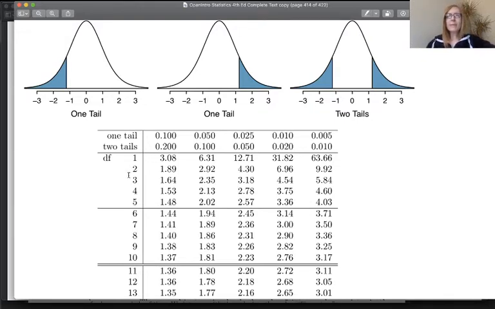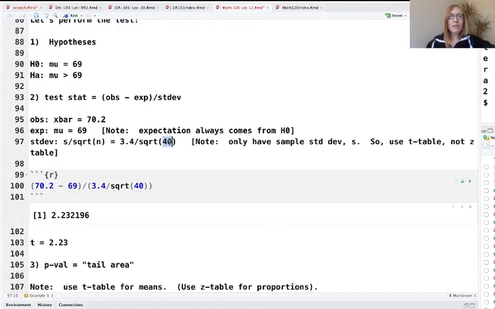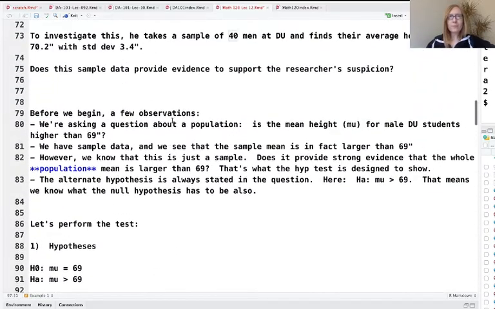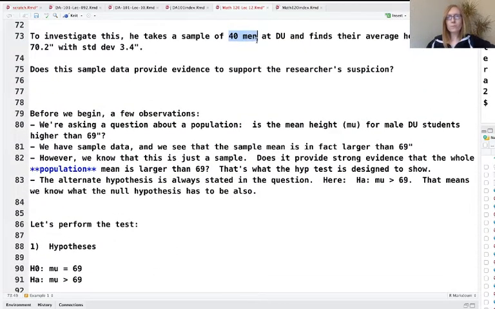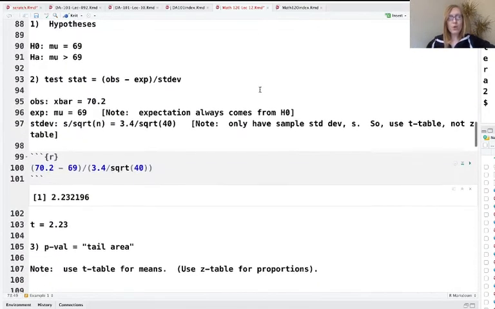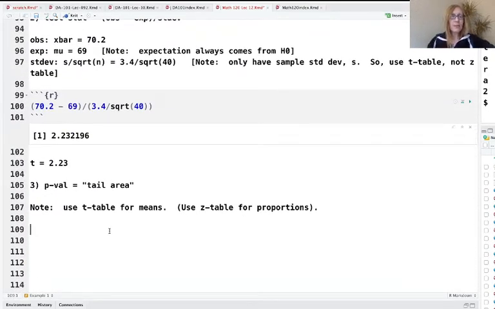So we need to think about what the degrees of freedom are before we can use the table. On this problem, our sample size was 40. So our degrees of freedom here, df, it's n minus 1. And of course, that's just 40 minus 1, or in other words, 39. We're going to be using degrees of freedom 39. Degrees of freedom is basically the same thing as sample size.